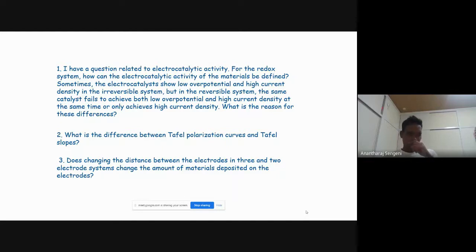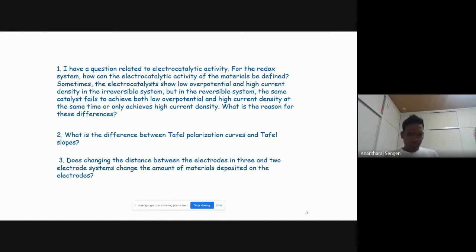So if the Sabatier principle is not fulfilled by your catalyst, meaning a moderate adsorption free energy and an optimal density of states, particularly for a reduction reaction, your catalyst cannot behave in the same way. The moment you change the analyte, you must not expect your electrode to behave in the same way, because a catalyst which is good for a particular reaction need not be good for some other reaction.